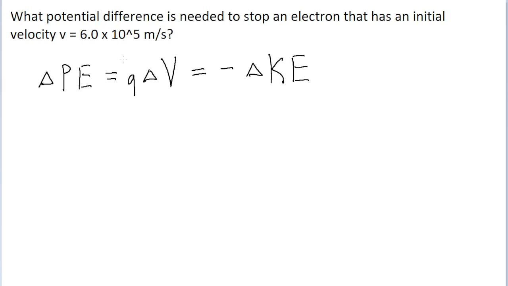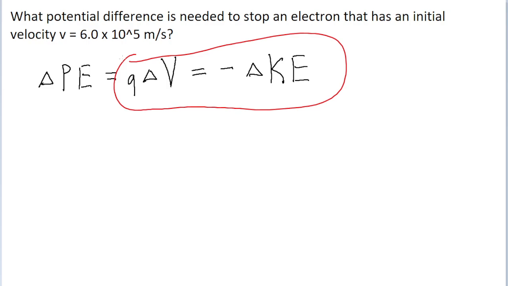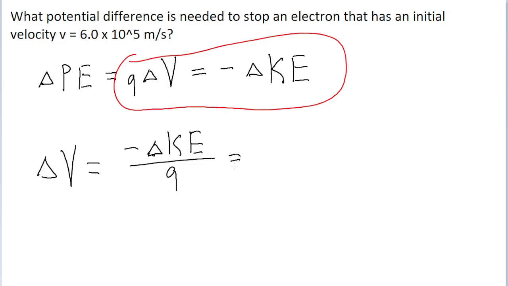So to find what this problem is asking for, we want to take this equation and solve it algebraically for delta V, because that's our end goal. So let's take both sides of this equation and divide it by Q to find that the potential difference, delta V, is equal to the negative of the change in kinetic energy divided by the charge Q. Now, of course, when we have that delta symbol in front of a variable, that just means we're taking the final value and subtracting the initial variable.